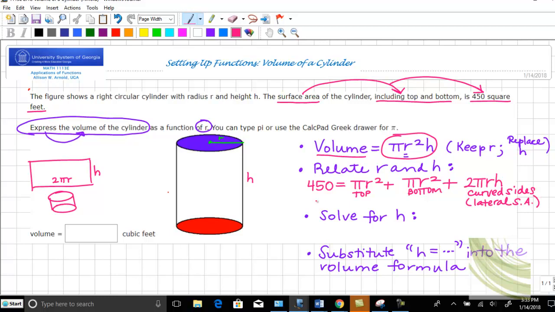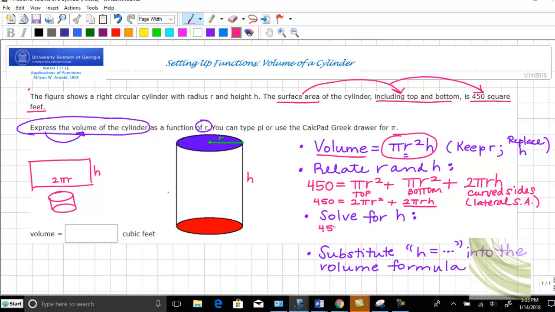Now we can clean that up a little bit and get 450 equals 2 pi r squared plus 2 pi r h. You certainly could reduce the numbers and divide by 2, but you don't have to. If what we are really after is solving for h, notice that only one term contains an h.